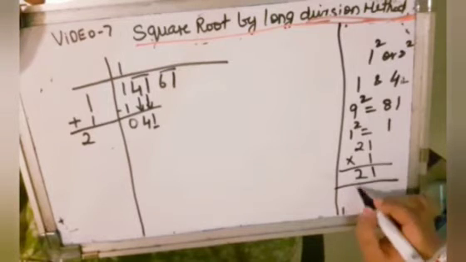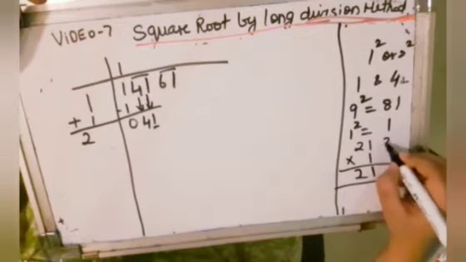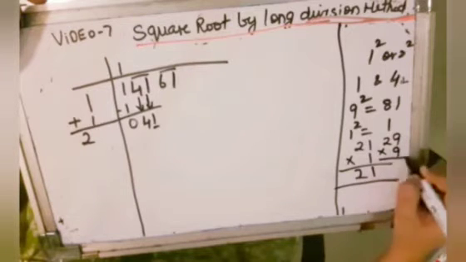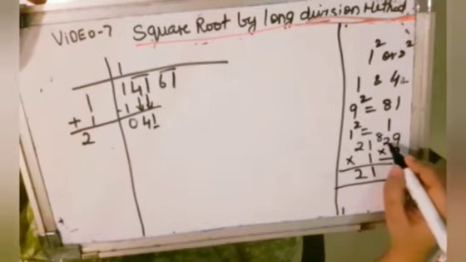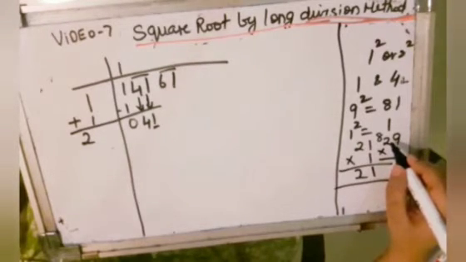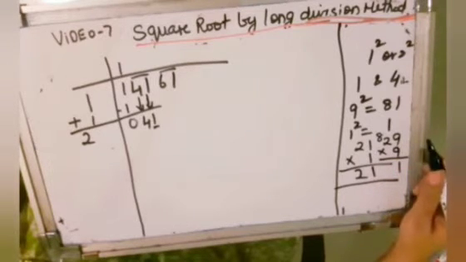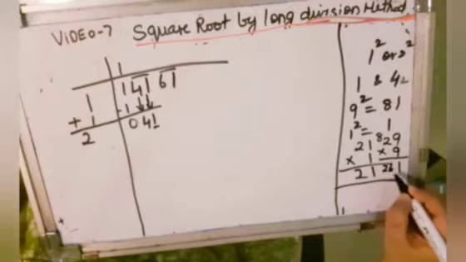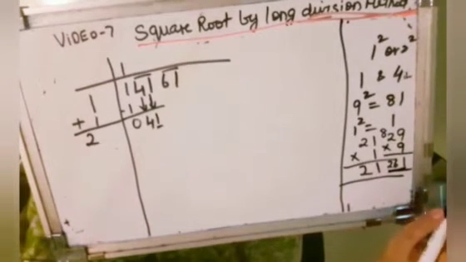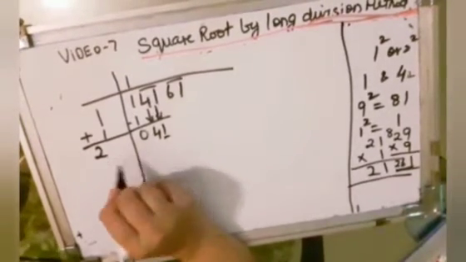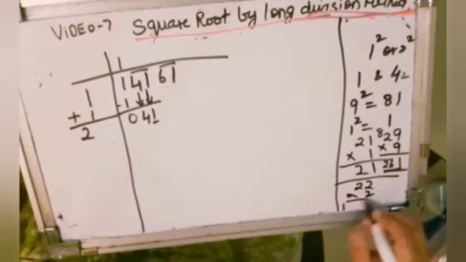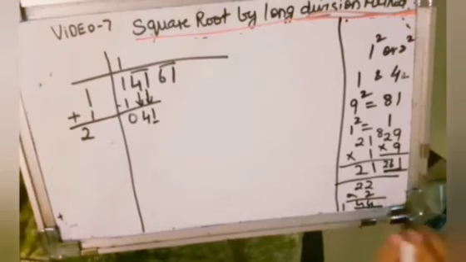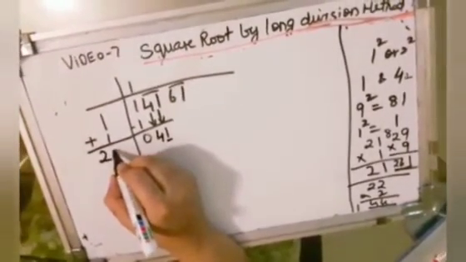You are not getting 41, but you are getting a near number, because if you take 29 into 9, it will give you 9 9s are 81 and 9 2s are 18 and 8, so that would be 261. That would be much greater. Even if you go for 22, that is 22 into 2 will give you 44, which would be greater than 41. So you go for 21.